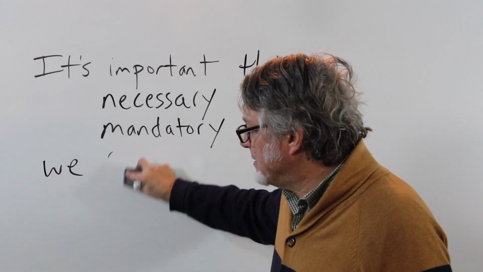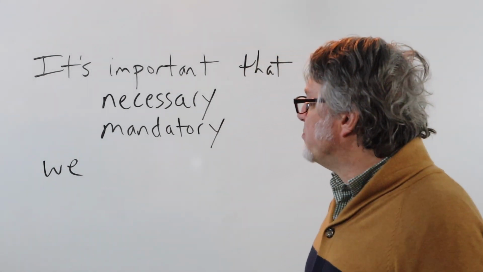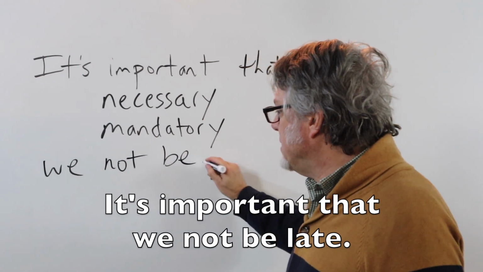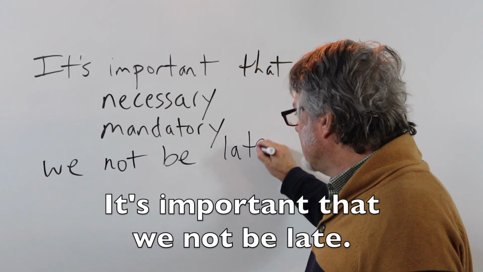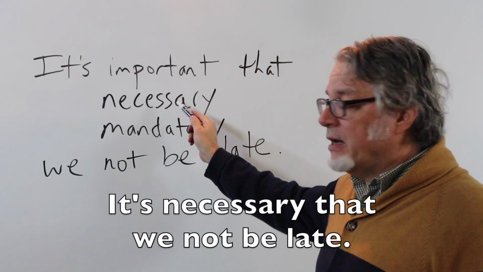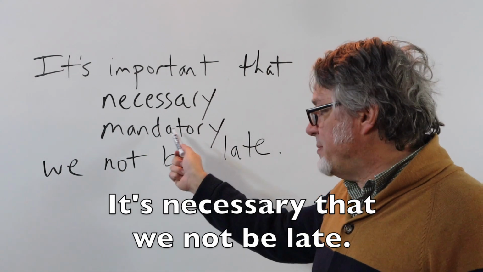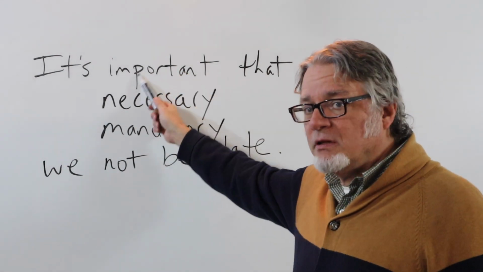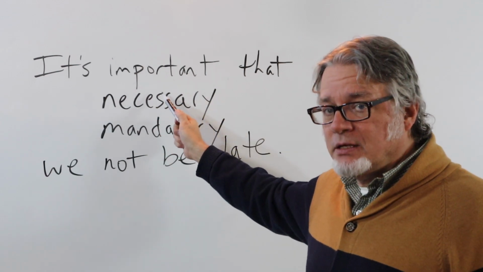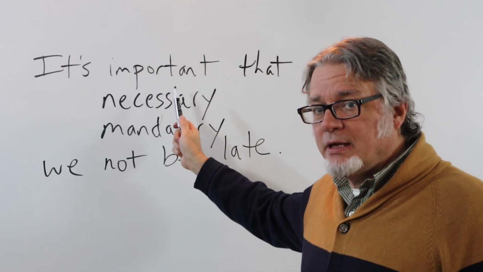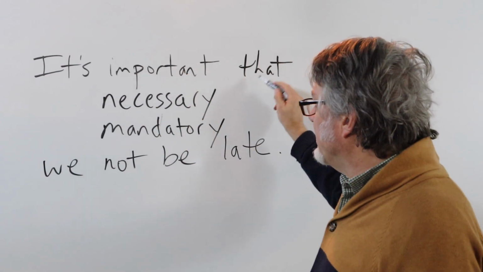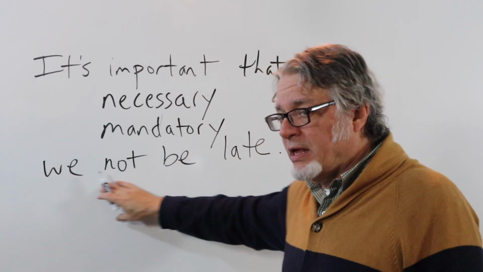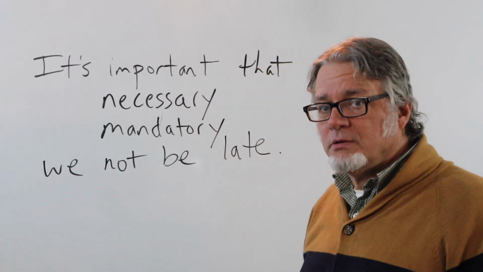If you want to make it negative, it's important that we not be late. It's necessary that we not be late, maybe mandatory, but you get the idea. There's some level of necessity indicated by the adjective here, and then start with that, and then here we have the subjunctive mood.